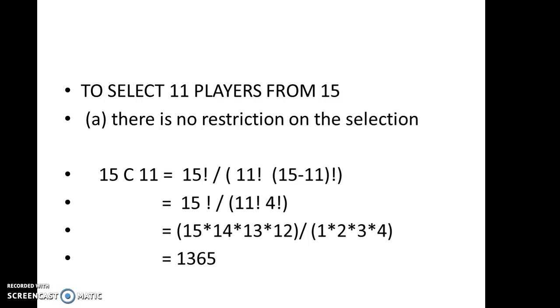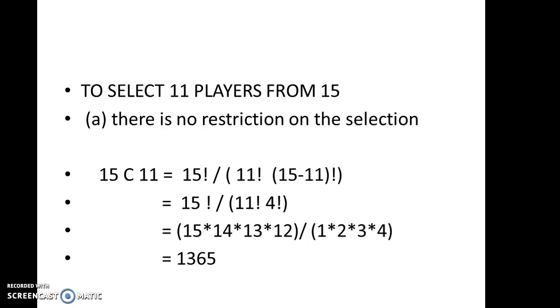The first option is to select 11 players from 15, with no restriction on the selection. So we have to choose 11 players out of 15. So 15C11. The formula is 15 factorial divided by 11 factorial times (15 minus 11) factorial. So again 15 factorial divided by 11 factorial into 4 factorial.